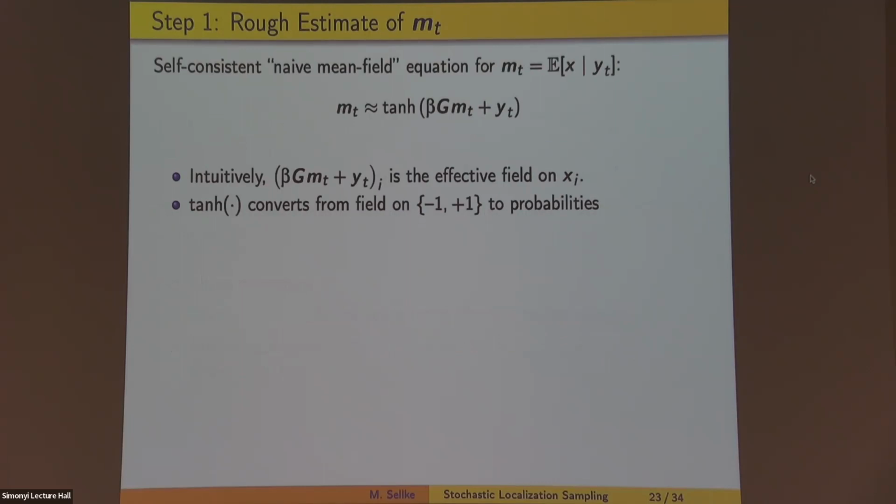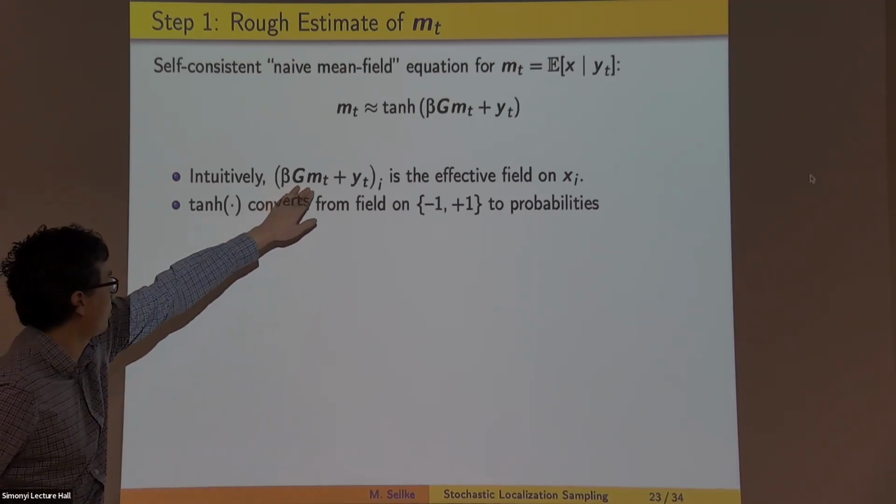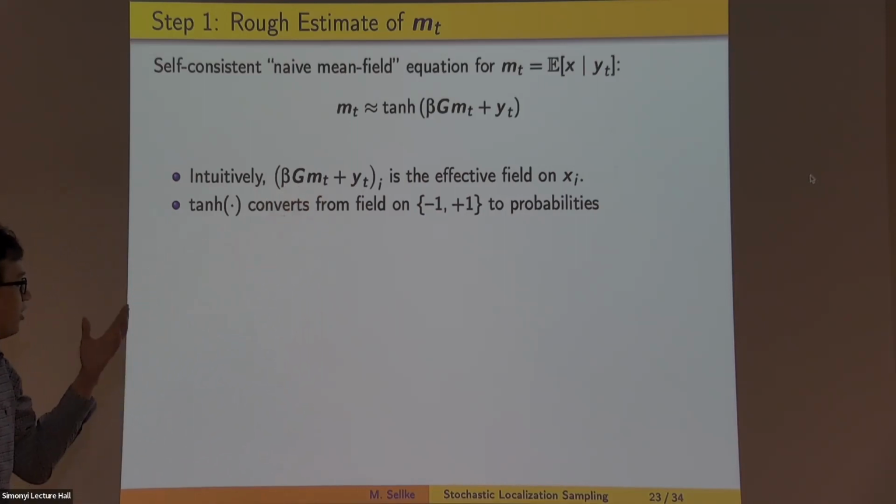So where do you get started trying to do this estimation? Well, there's a naive mean field equation you can write down in a situation like this, which is that MT, the mean at time t, should satisfy this fixed point equation. So where is this coming from? Well, XT is being sampled from the Ising model. So each coordinate of XT is exerting some influence on all the other coordinates. And if I look at beta G times X, then I get the effective field being exerted on each coordinate.